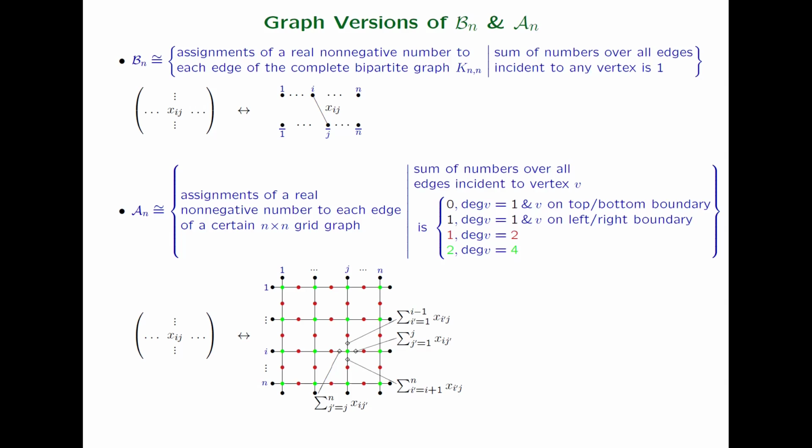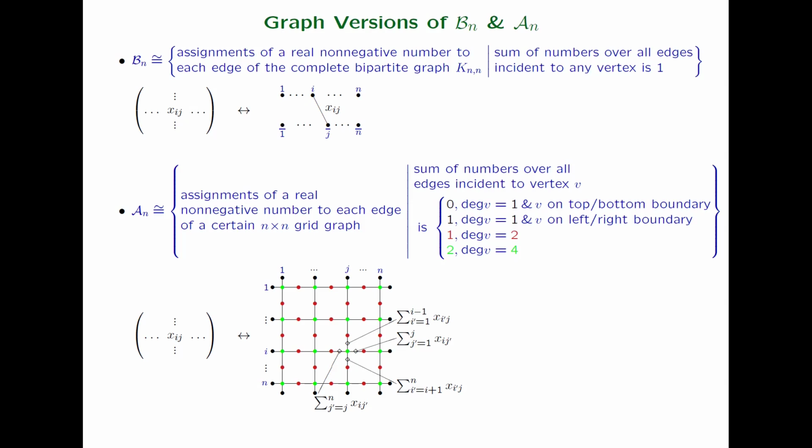Likewise, if I choose a vertex j bar at the bottom and sum over all the numbers on those edges, then that's going to be equivalent to the condition that the jth column sum is 1. Okay, so that's fairly straightforward.